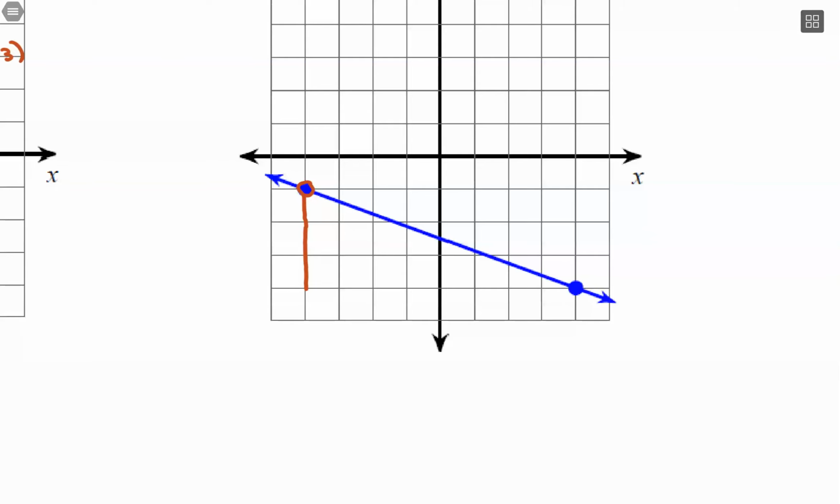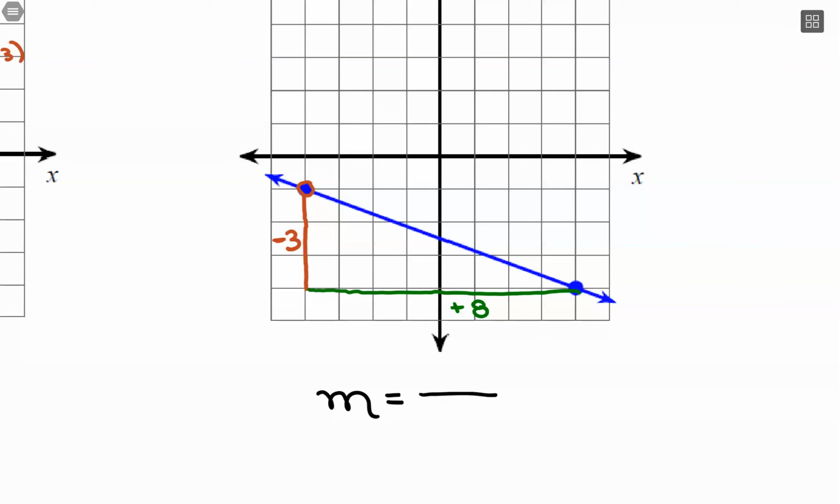So since we're moving downward, that's going to be negative, and then distance of 3. And then I need to move to the right, so this will be positive. And then I just need to count 1, 2, 3, 4, 5, 6, 7, 8. So for my slope, I have my numerator, denominator.